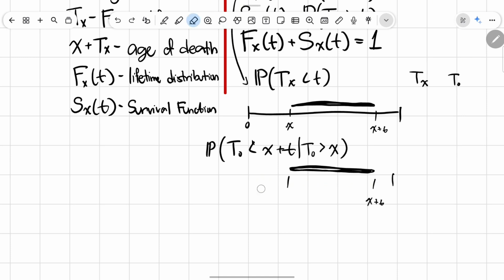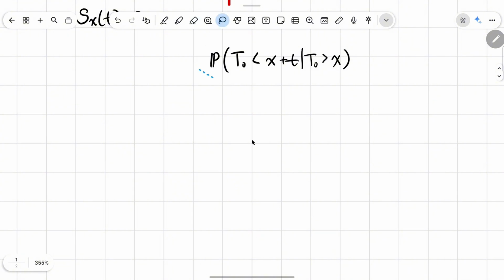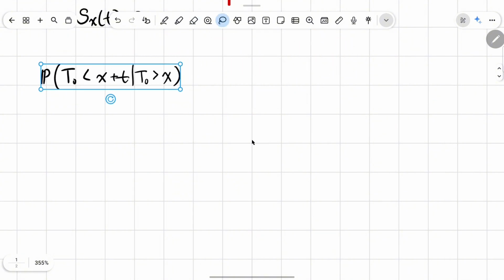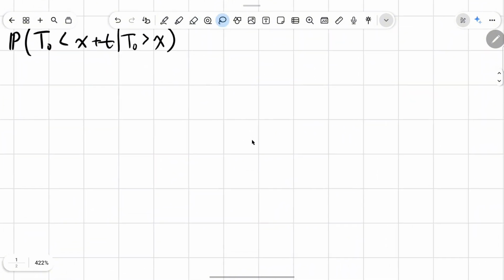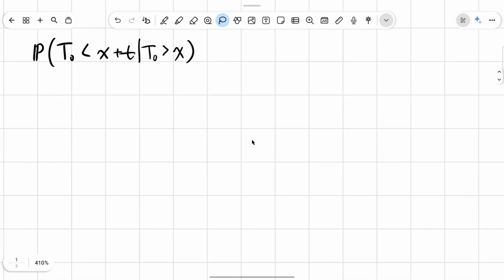Let me just delete everything. Okay, so we've already established this to be equal to Fx of t.